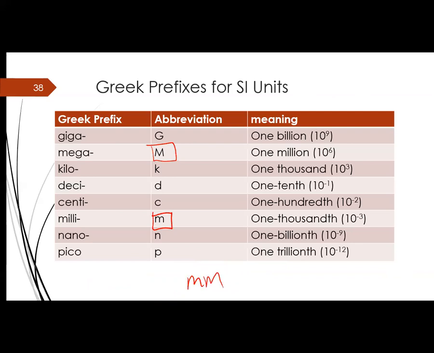This is millimeters. This is megameters. Those two things have a very big difference in their values. A millimeter is smaller than a meter by a lot, 1,000 times smaller. A megameter is 1,000,000 times bigger. So you want to make sure that you're clarifying which one's lowercase and which one's uppercase.